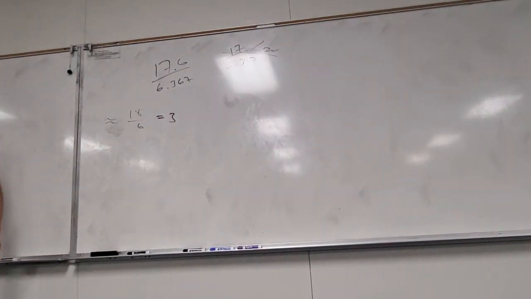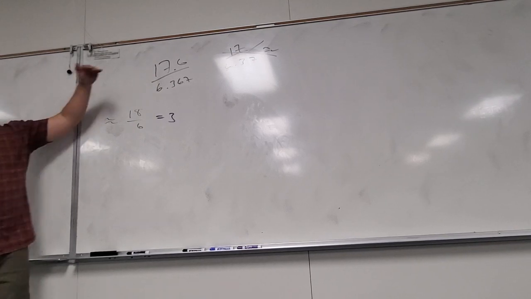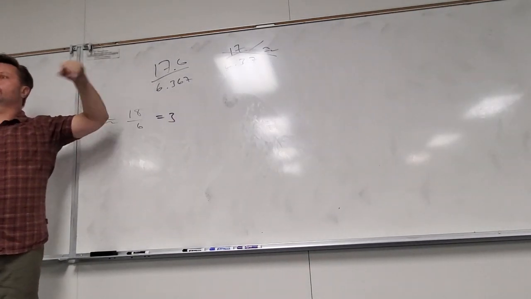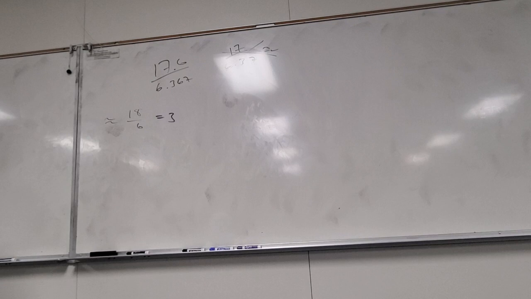Can anyone tell me, is that estimate too high or too low? And why? No, we know exactly if it's too high or too low. And you're all like, maybe you do, dude. If I make the numerator bigger in a division problem, does the answer get bigger or smaller?